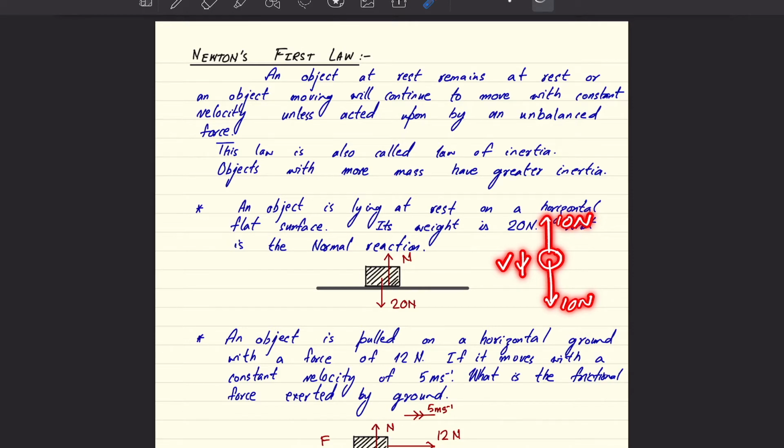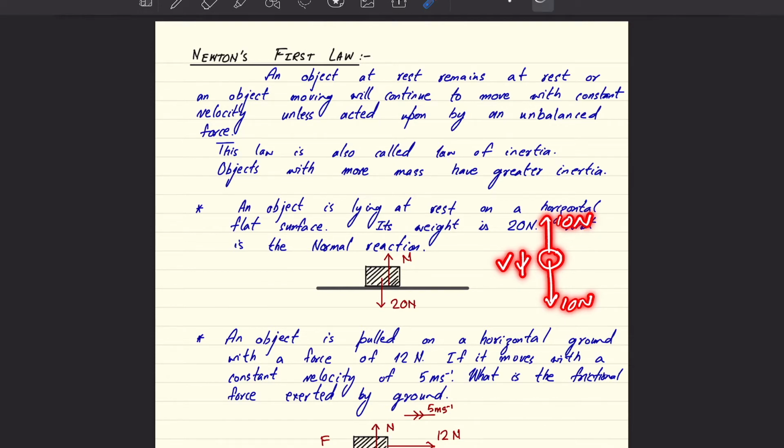So if an object is either at rest or moving with constant velocity, it is said to be in equilibrium. Hence, equilibrium has two types: static equilibrium, when it is resting, or dynamic equilibrium, when it is moving with constant velocity.